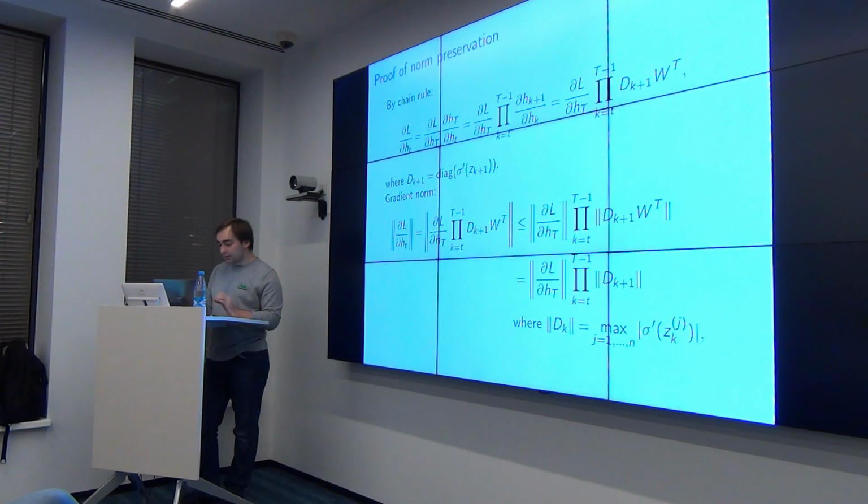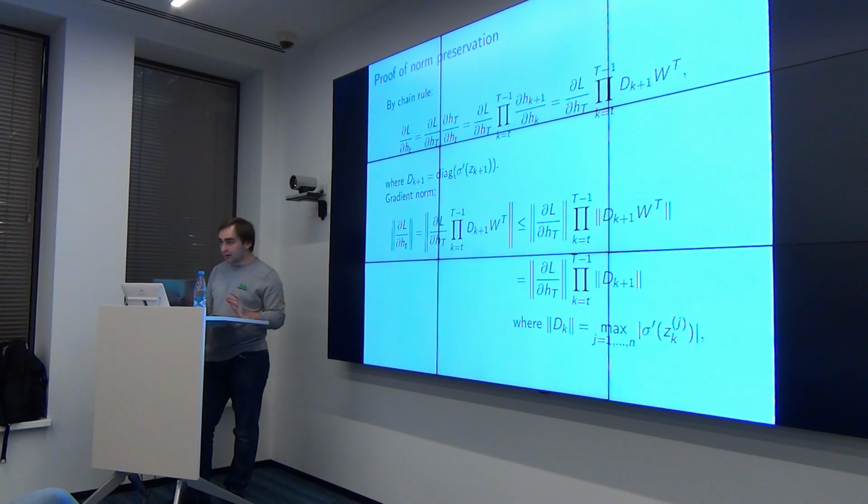And this bound depends on the norm of matrix D, which is a Jacobian of the nonlinearity transform, and it depends on W. If W is orthogonal or unitary, it doesn't change the norm of the Jacobian, and so we can just write it using the norms of matrices D.